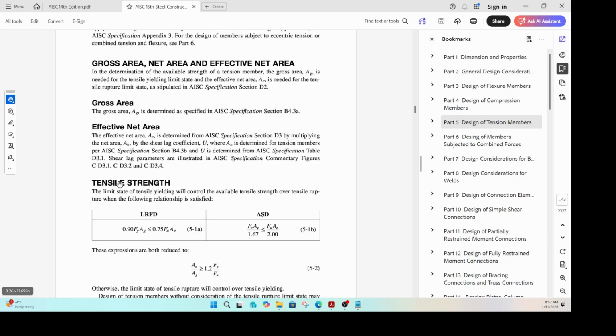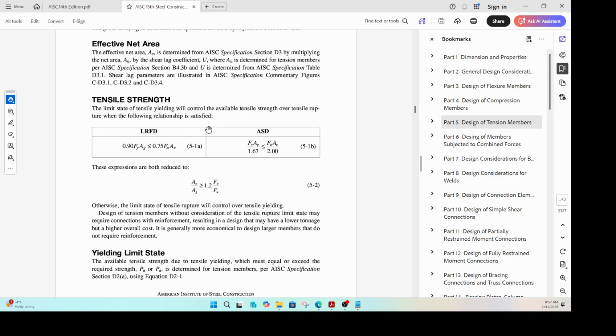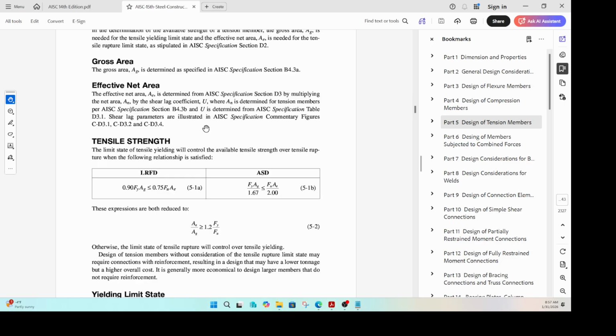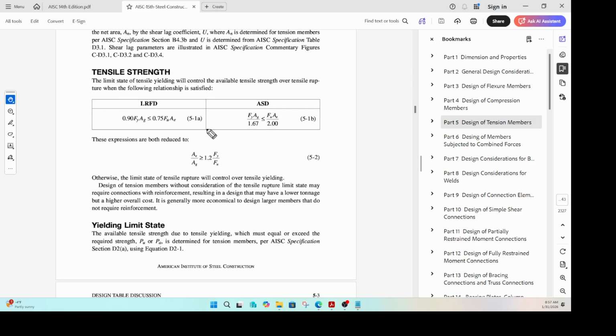Let's talk about what you need to really understand. For now, imagine that this is how you calculate your strength in yielding. Remember, we talked about limit states: there is a yielding and there is a rupture.